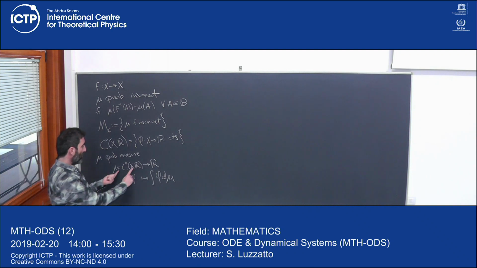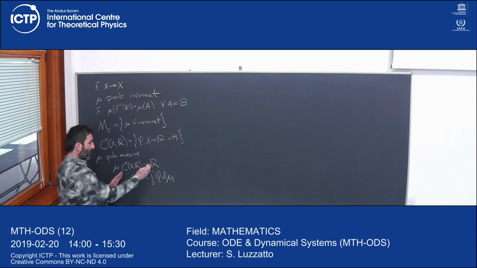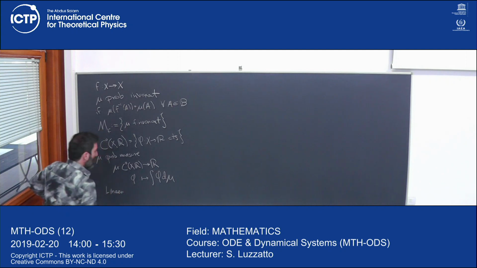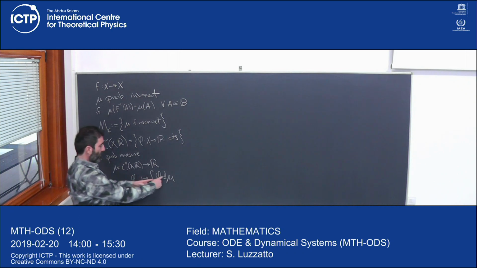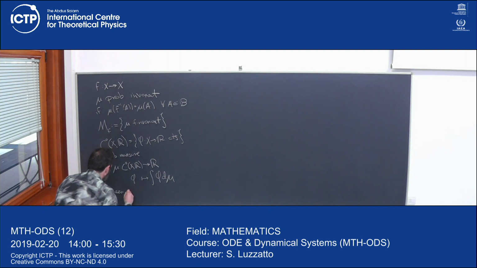This is a functional because it goes from the space of continuous functions to R. It's linear, and it's easy to check: if you take φ plus ψ, that gives you the integral of φ plus the integral of ψ. So it is a linear functional.